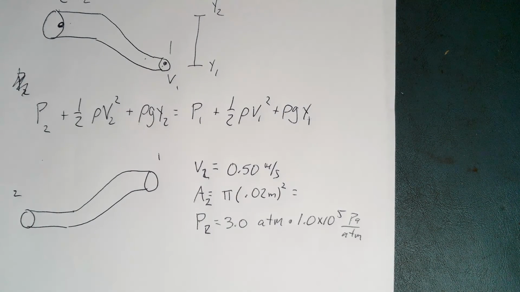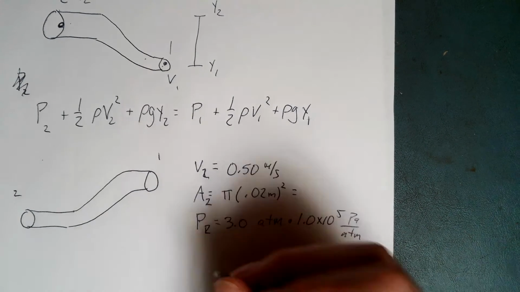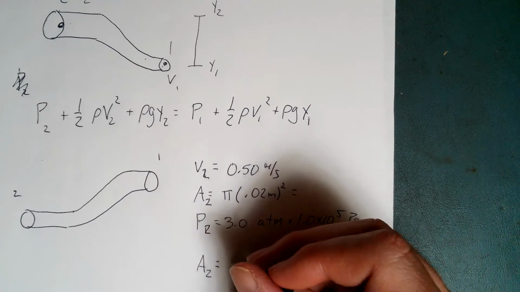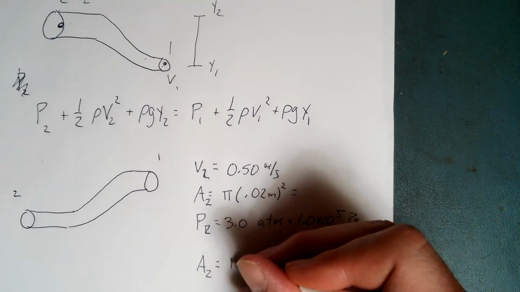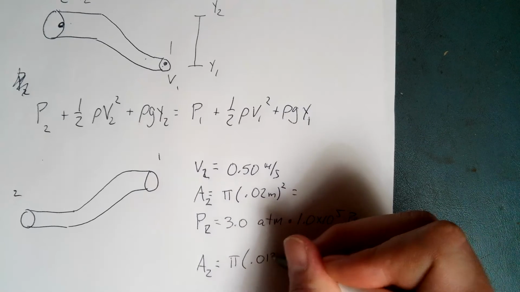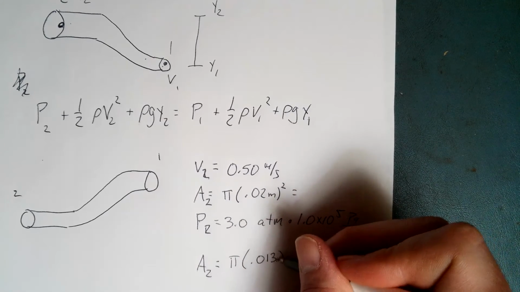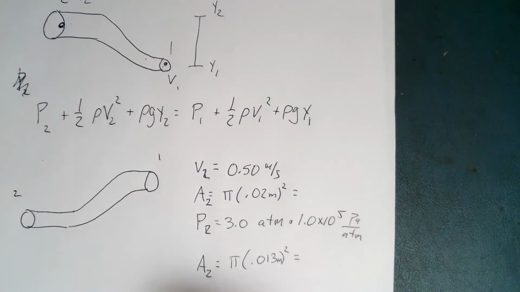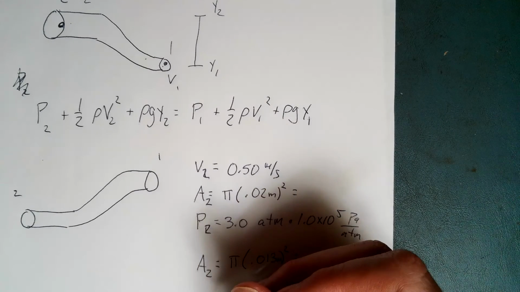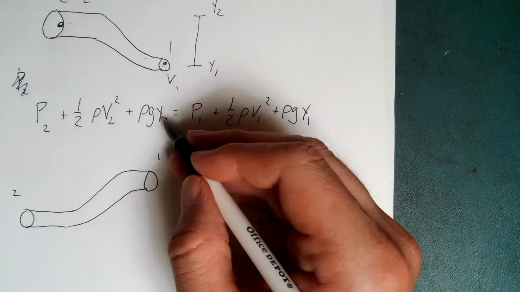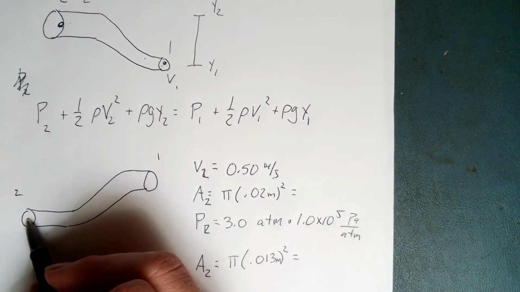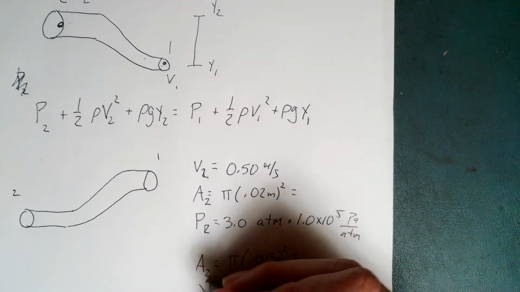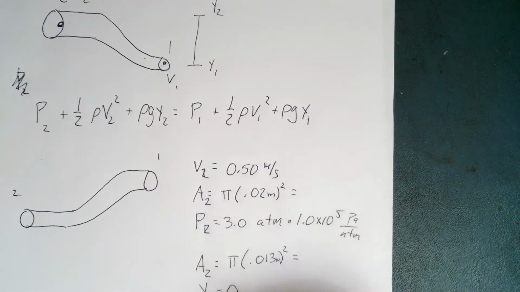Okay, now for upstairs. So we know A1, and you'll calculate that. Now it's 5 meters above, right? So with Y1 and Y2, Y2 is lower, so we can say Y2 is 0. You can always do that.